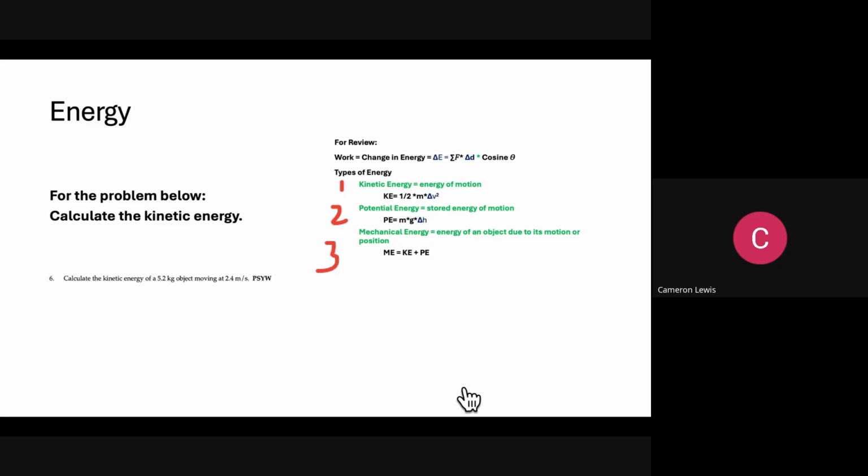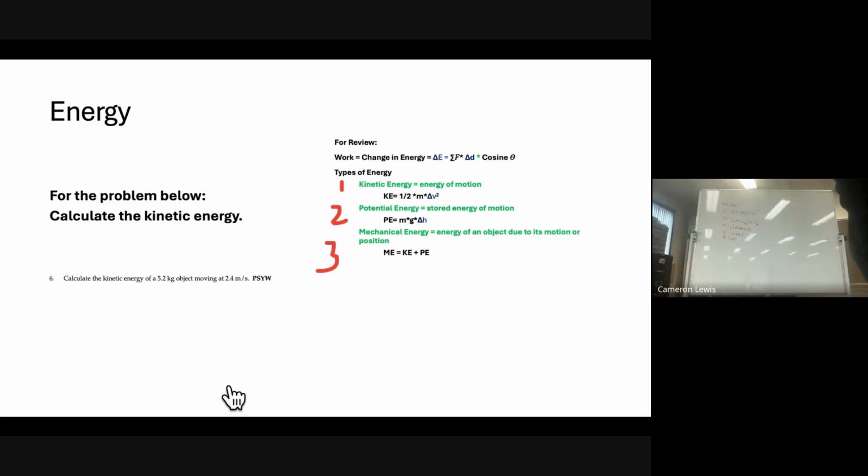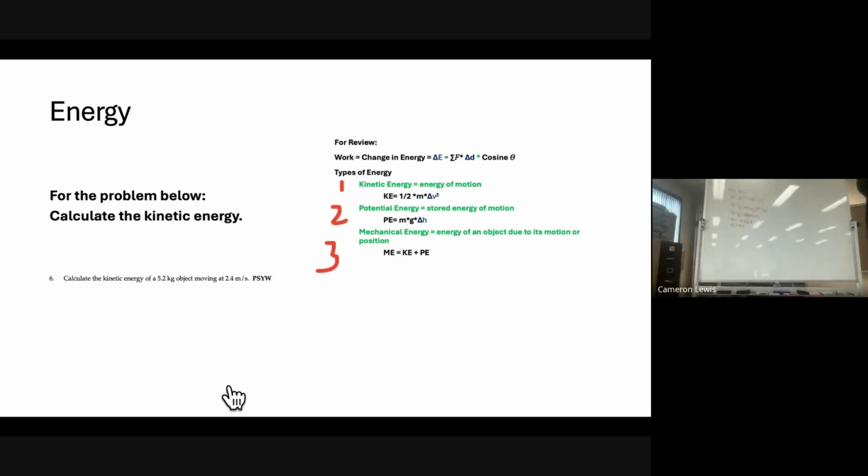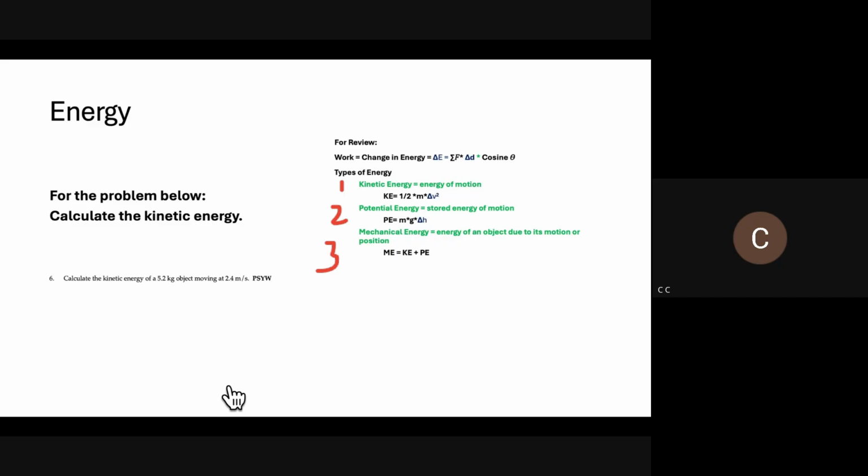All right. Let me know if you can see this. Can you see the board? No, say it again. I only see a white hand.